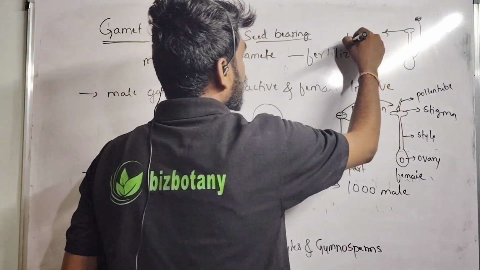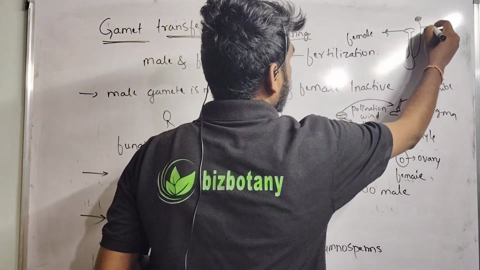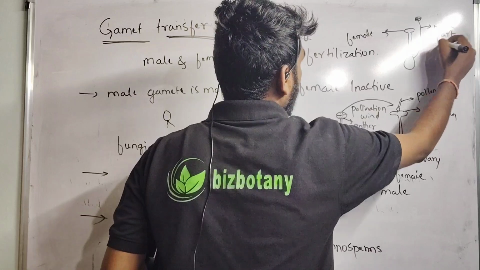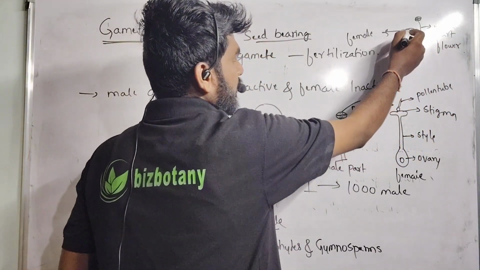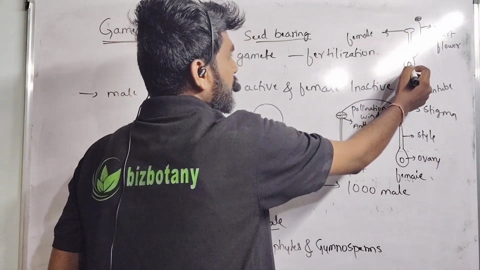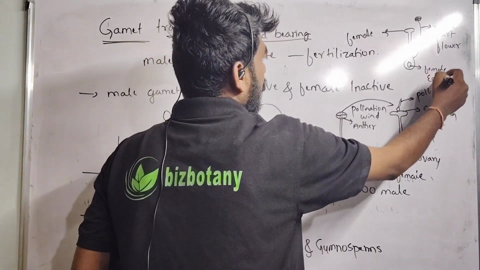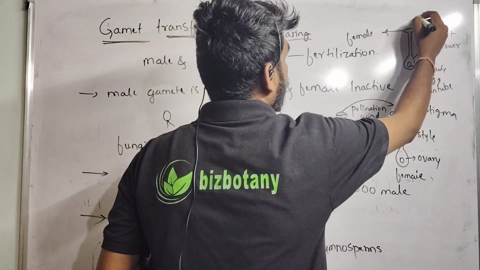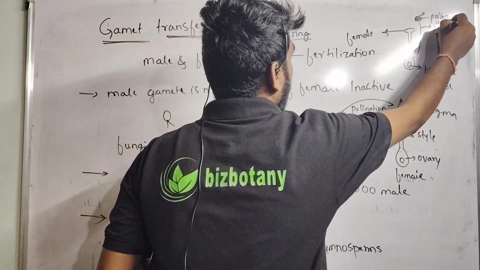This one is the female part of the flower, which contains stigma, style and ovary. Here we have a female gamete or egg, and here we have the anthers, and on the anther we have pollen grains. They are the male gametes.